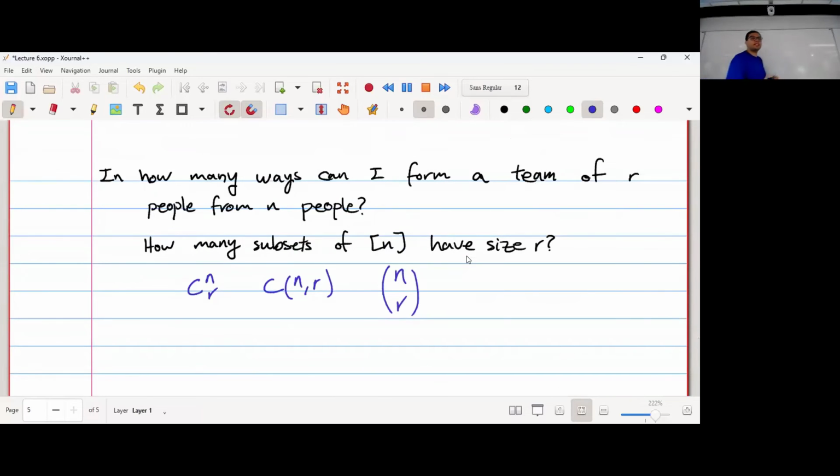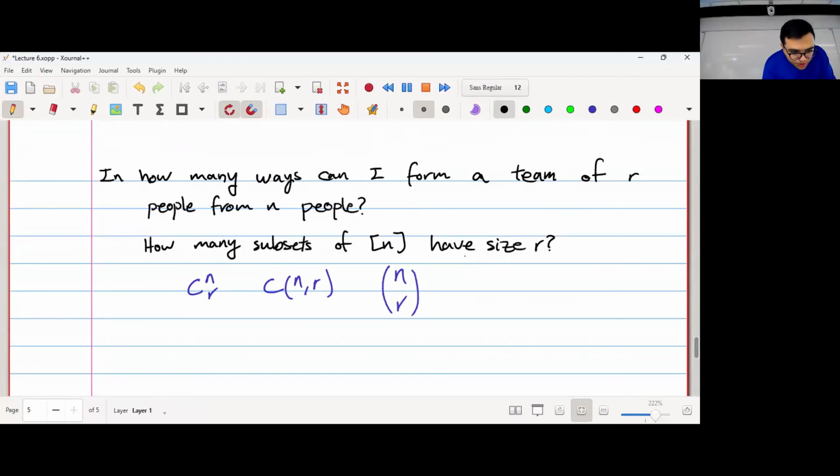So again, I look at the sequences corresponding to these subsets. So I want to write a sequence of zeros and ones of length n. And I want to make sure that I have exactly R ones, because sequences that have R ones correspond to subsets that have R elements. Okay.